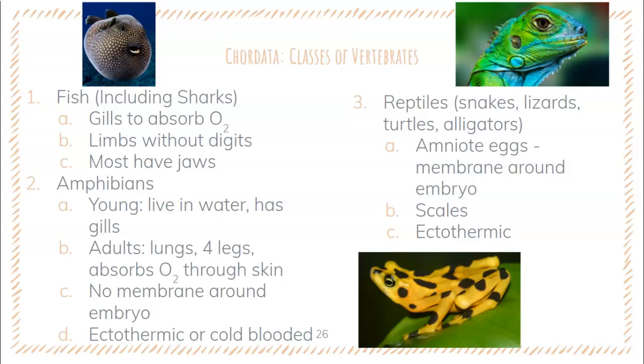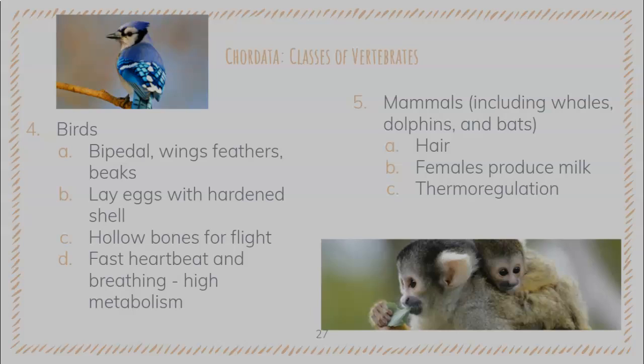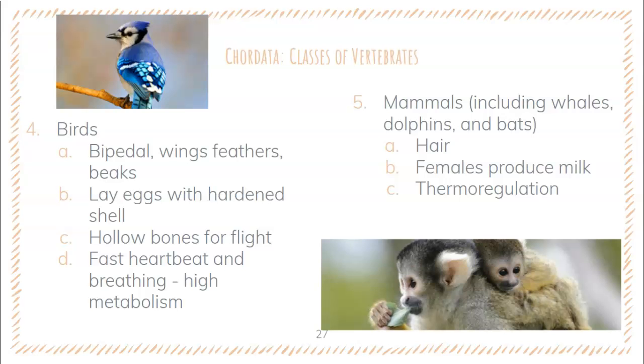Amphibians, so like frogs, right, where they start in the water when they're young and then they grow up and they get lungs and they can live on land. Reptiles like snakes and lizards. Birds, and then mammals. So all of these are very specific traits of these vertebrates themselves.